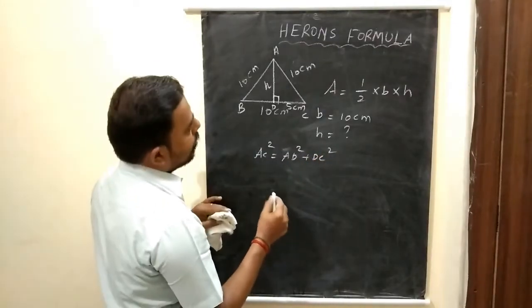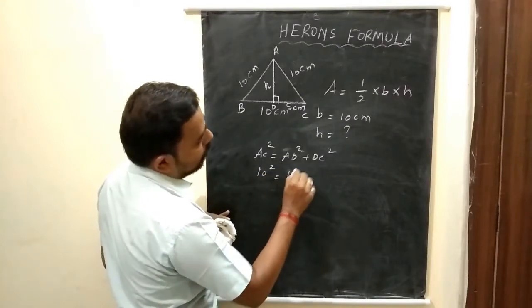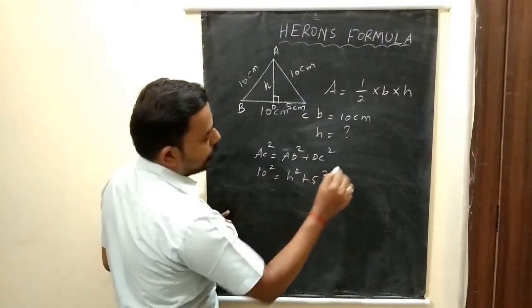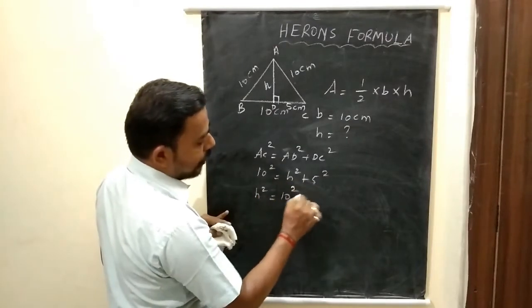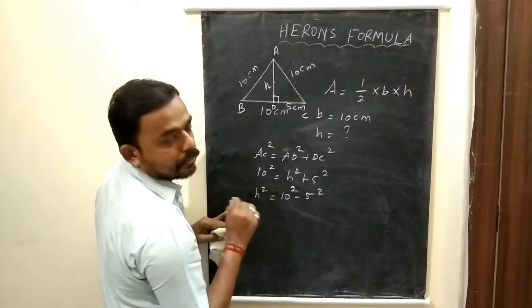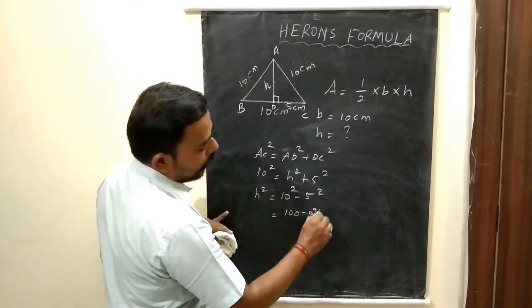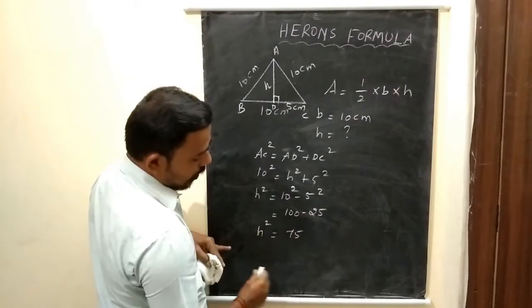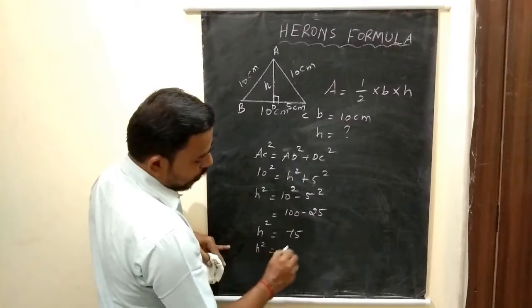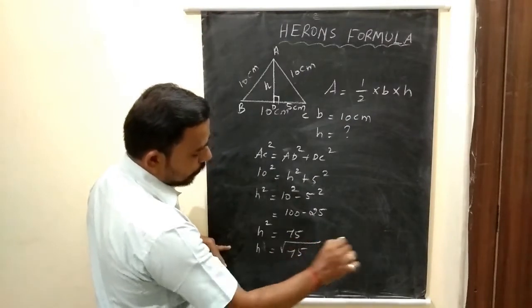Substituting, AC squared is 10 squared, AD squared is H squared, DC squared is 5 squared. So H squared equals 10 squared minus 5 squared, 100 minus 25, which equals 75. Then H is equal to the square root of 75.